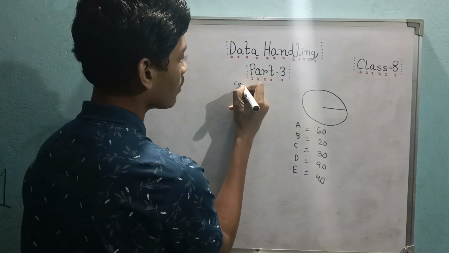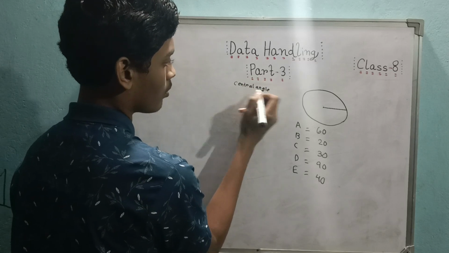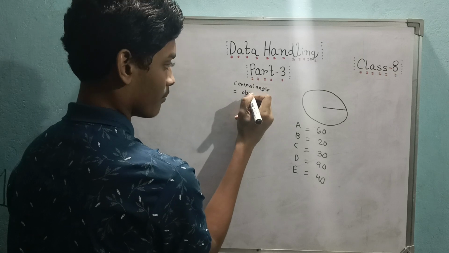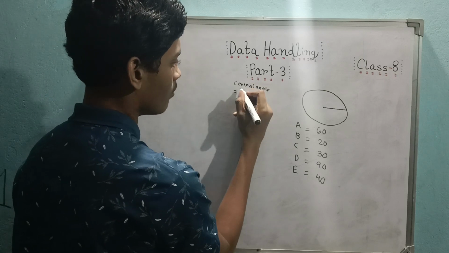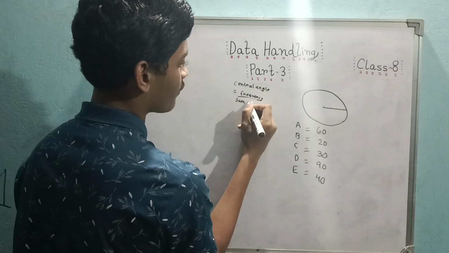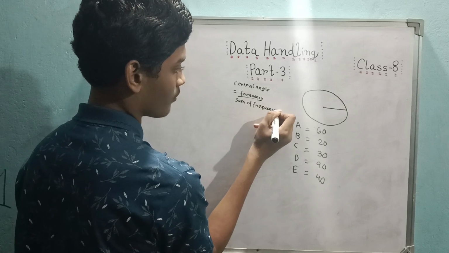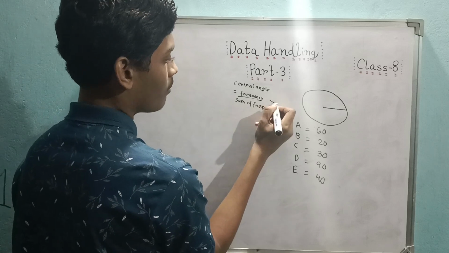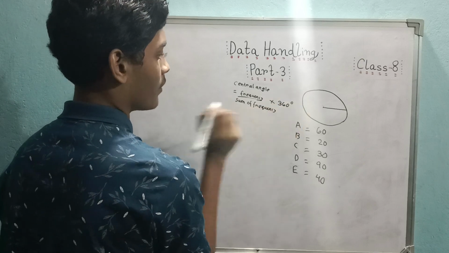Central angle is equal to observation by sum of frequencies, multiplied by 360 degree.